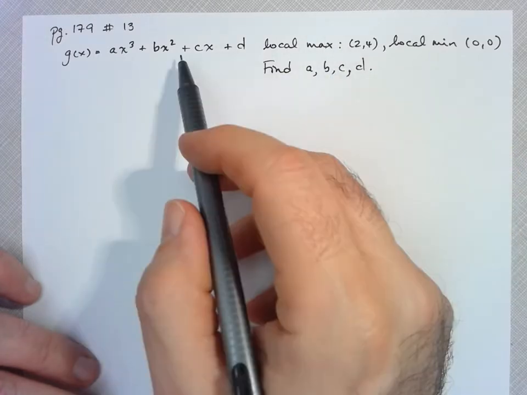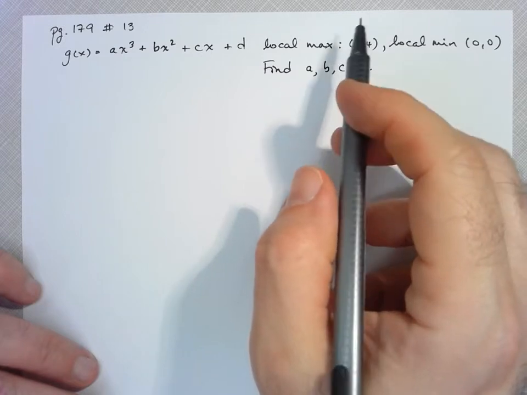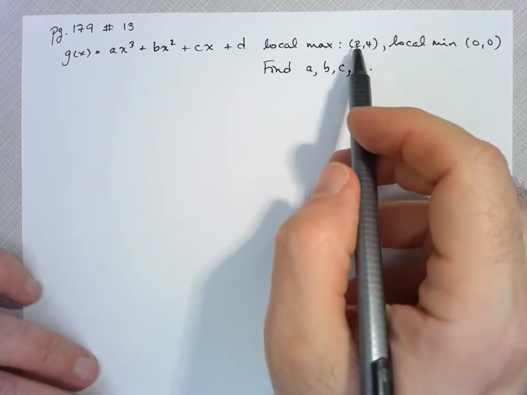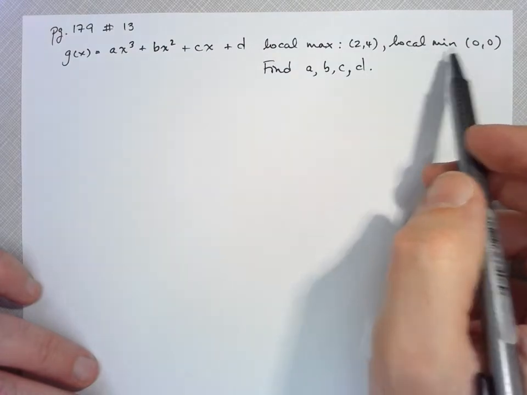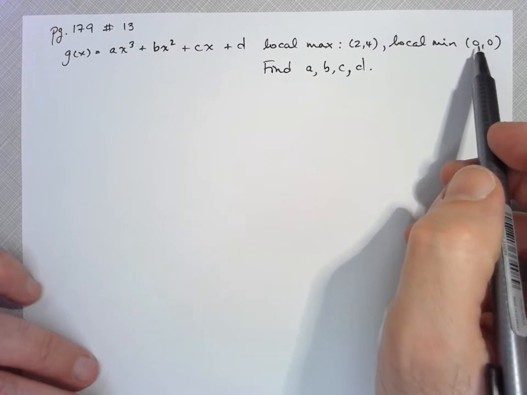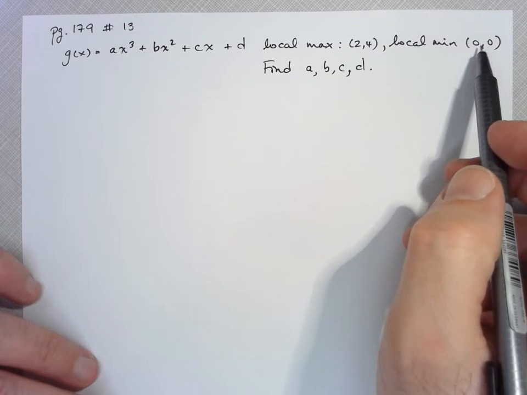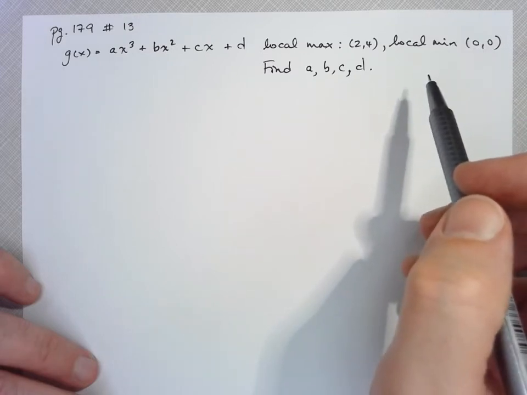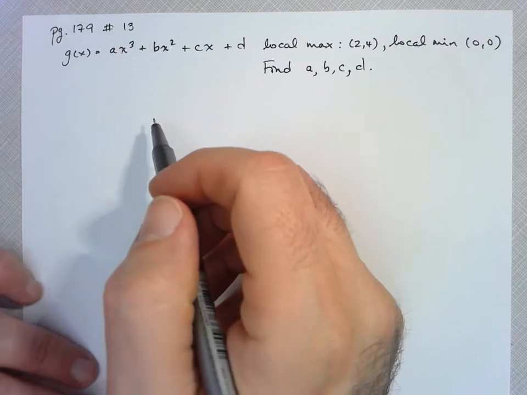And since this is a polynomial, it's not going to have any derivatives that don't exist, so the only place that can happen is if the derivative at 2 is equal to 0. And similarly, if it's got a local min at (0, 0), it means (0, 0) is on the curve. And since it's a polynomial with a local extremum there, the derivative must be 0 at x equals 0. So 4 pieces of information that we're going to use to determine these coefficients.